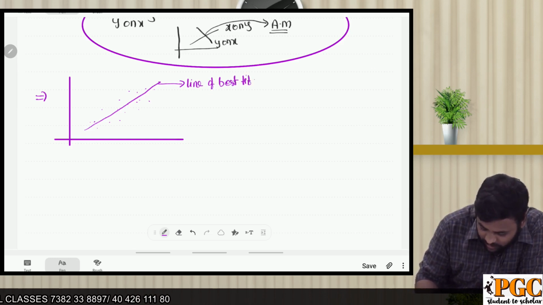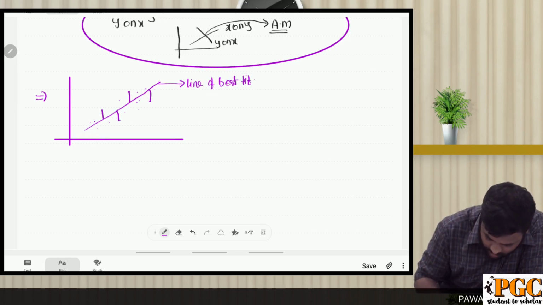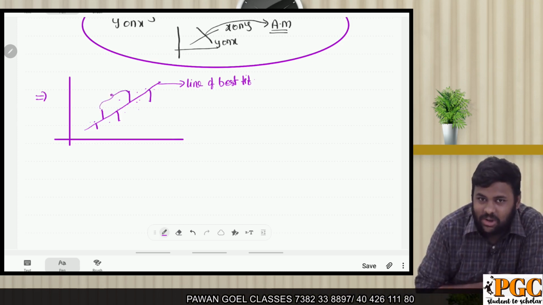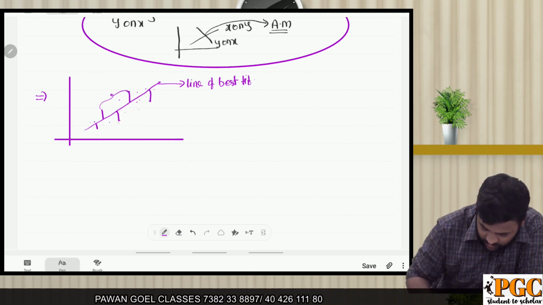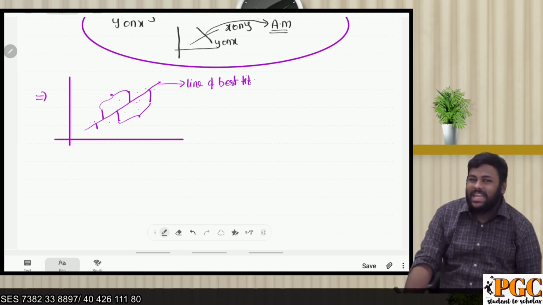Now the difference between these points and the line: if the point is above the line, in these cases the difference or the error is called a positive error. If the point is below the line, the difference between the point and the line is called a negative error.